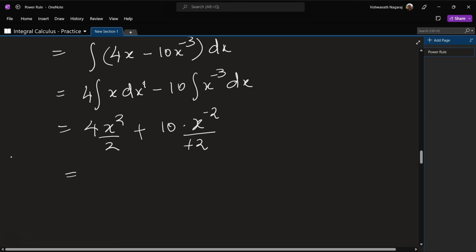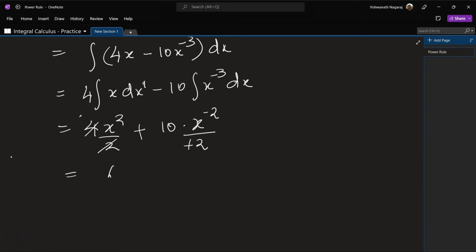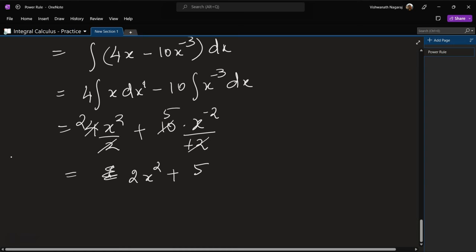So they cancel out each other, so it becomes plus. And 2 2's, so we end up with 2x square plus 2 5's, 5 by x square. So this is our result. And don't forget plus c.